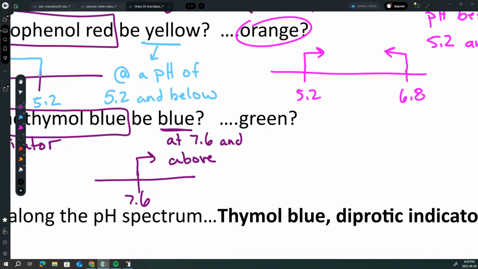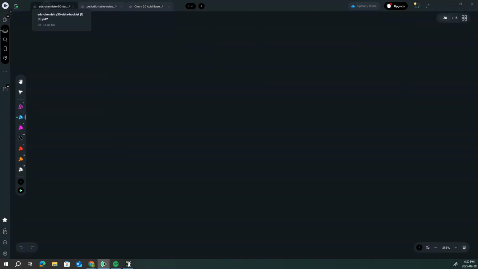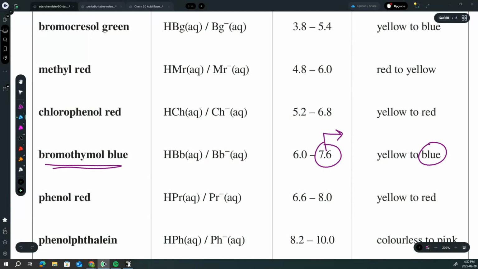Okay. Now, where it's going to be green, so I'm going to use a different color, and we'll put our answer over there. Well, green is the in-between color between yellow and blue. So then our pH is going to be the range between our two values here.